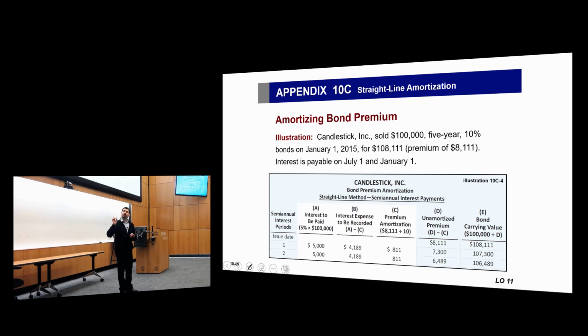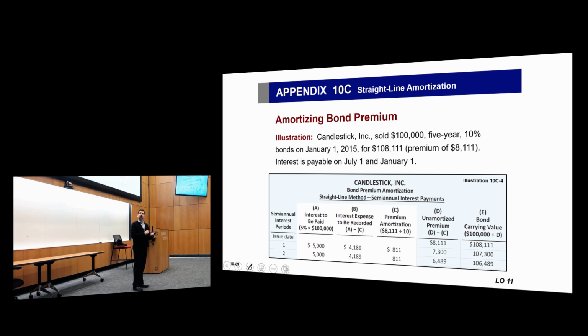As you can see, in this case, the carrying value will start high, and then it will start decreasing until it reaches face value at maturity. Once again, this is why the company, when they retire a bond at maturity, whether it was sold originally at premium or at a discount, will always pay face value, because of the amortization of premium and of the discount.